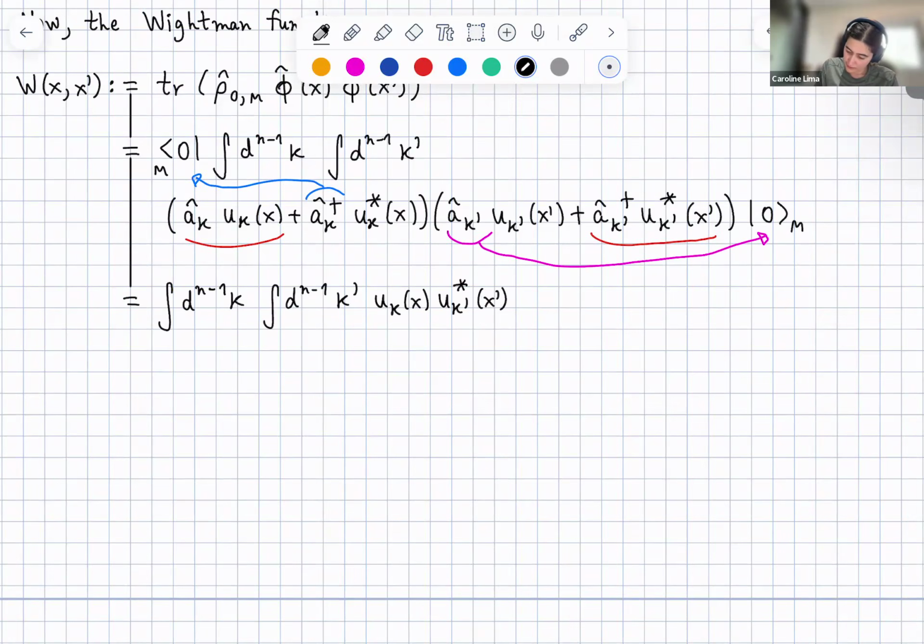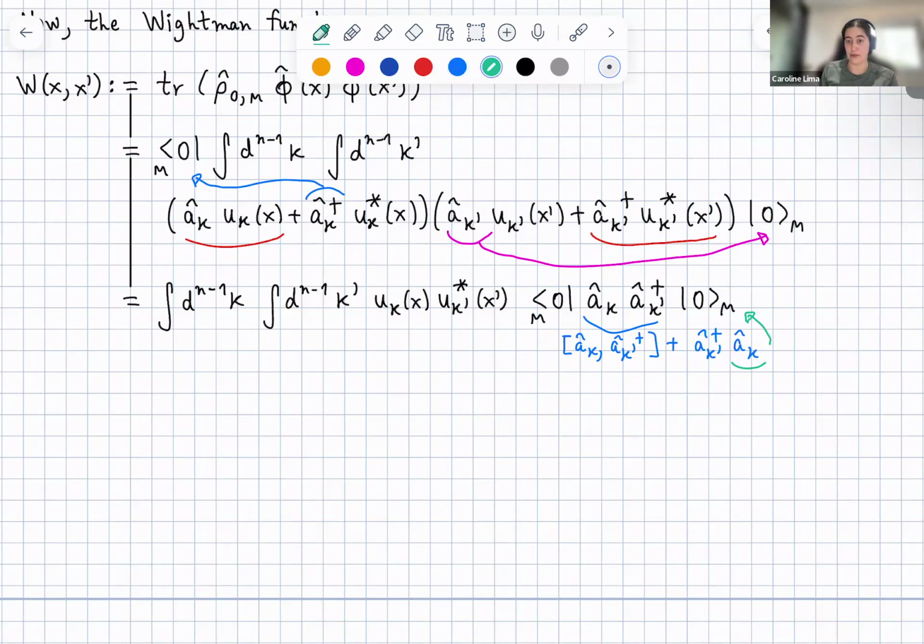And then I have the expectation value of a_k prime dagger on the vacuum. So I'll just do the usual trick here. I'll write this as the commutator between a_k and a_k prime dagger, plus a_k prime dagger times a_k. And again, I'm going to argue that this one acting to the right is going to annihilate the vacuum.